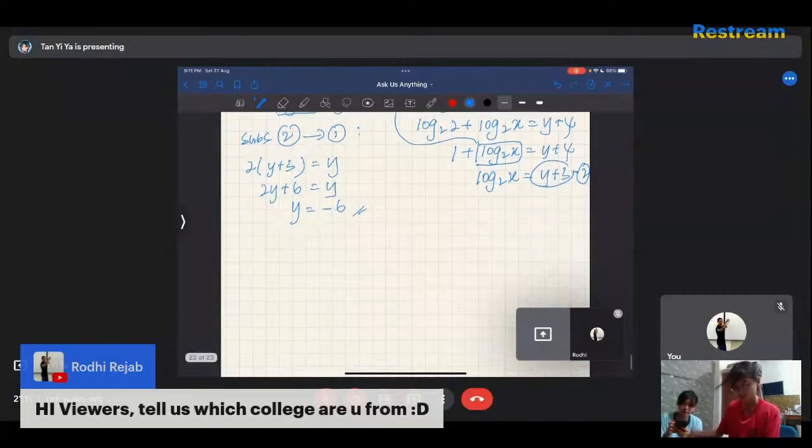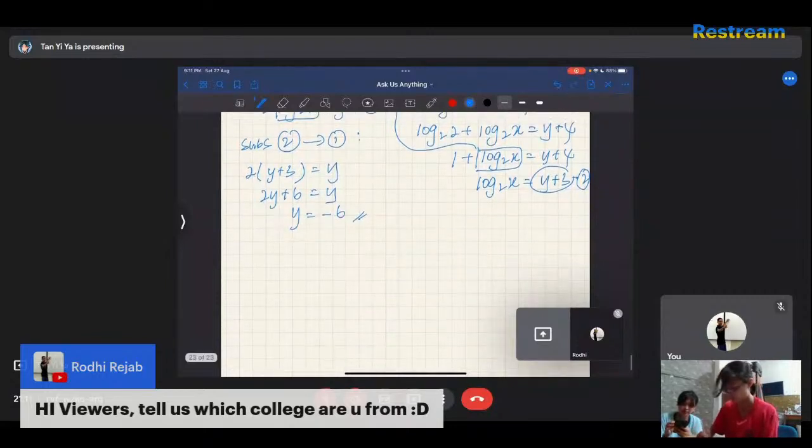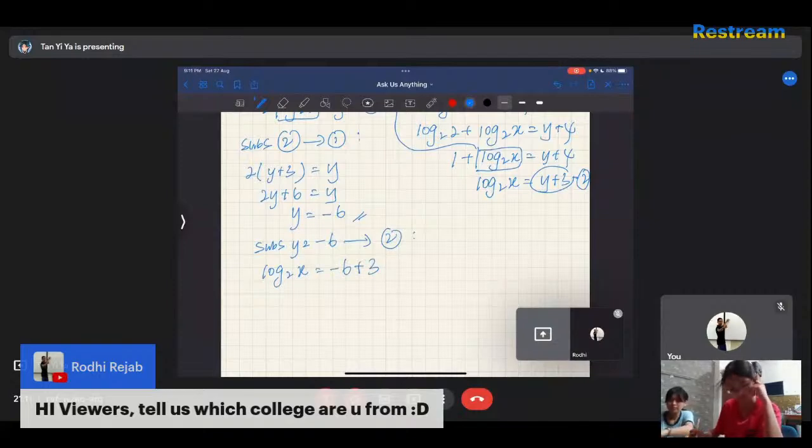Okay, so we may just substitute y equals to negative 6 into equation 2. Negative 6 plus 3. So it will be, am I too fast?